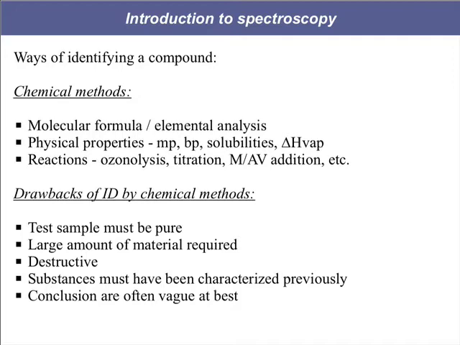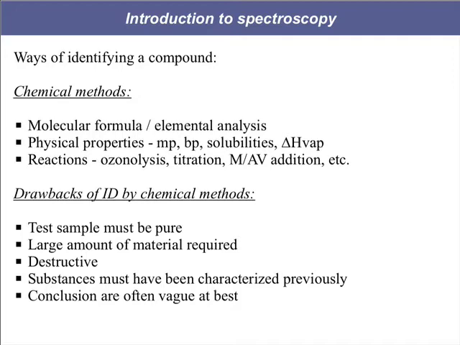If you took general chemistry, we talked about elemental analysis and how it's done and what information you can find out. You can also look for physical properties by doing, say, a melting point or boiling point experiment. You can measure the solubility of a compound, how soluble it is in water or octanol or some other solvent. You can measure the heat of vaporization.